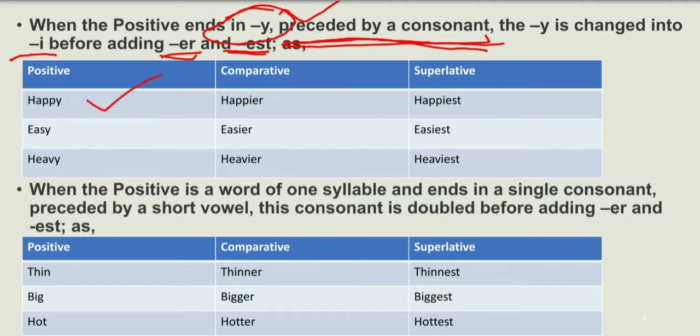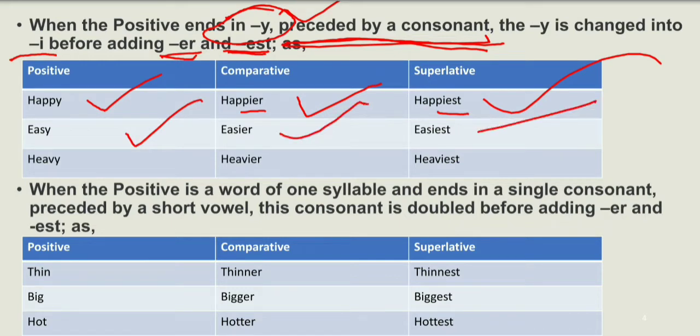We have the example happy, so happier. Y is changed into I and after that ER and EST are added. Same is the case with easy, easier and easiest, and heavy, heavier and heaviest.